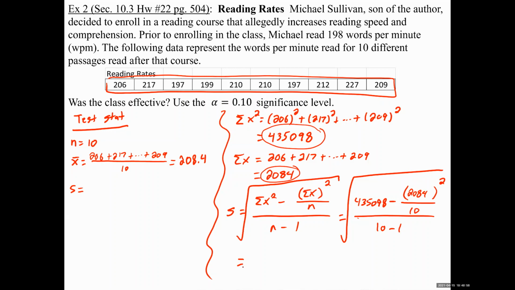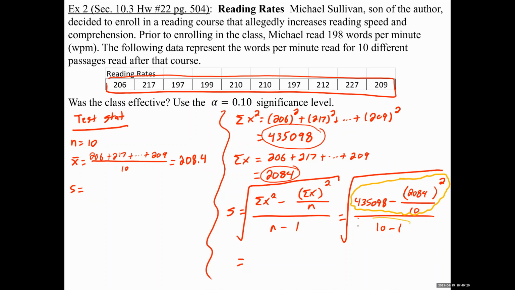All right, so let me go ahead and do that. 435,098 minus parentheses 2084 squared divided by 10. Okay, the answer to just this part, I'm saying this so it's recorded in the video so that when you're doing it again later, you can double check. The answer to just that is 792.4.